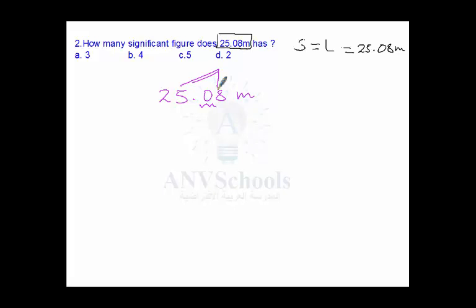So according to our rule, this zero is significant. We count it. So this number has 1, 2, 3, 4. It has 4 significant digits. This number has 4 significant figures. Then the answer will be B.